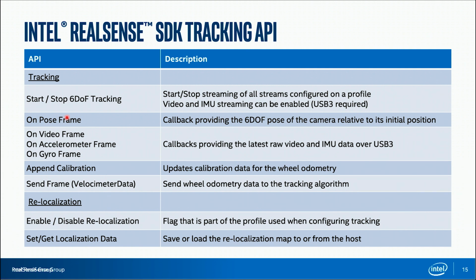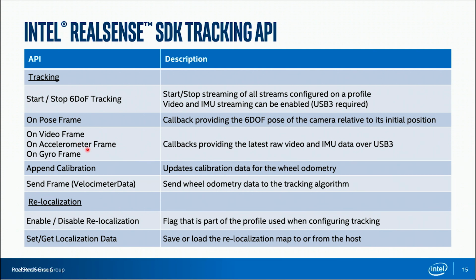I mentioned this comes together with a confidence level and also higher order estimates, such as the estimated velocity twist and the estimated acceleration, which can be very useful for control. We can also access the raw sensor streams as seen in the viewer: the video frame, accelerometer, and gyro frame, which come as a callback as well.